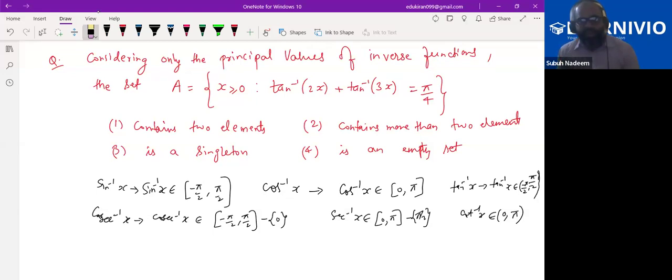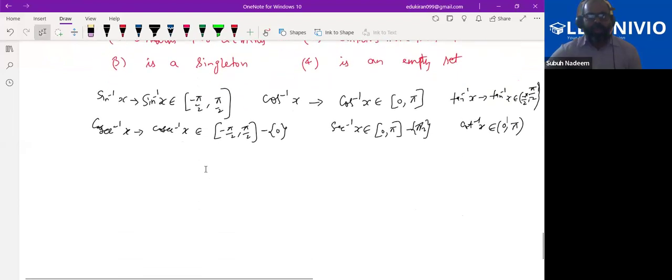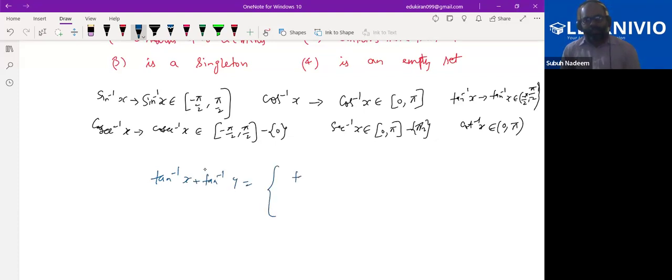And the identity which is very important here: tan inverse x plus tan inverse y is equal to tan inverse of x plus y by 1 minus xy, if x and y are greater than 0 and xy is less than 1.